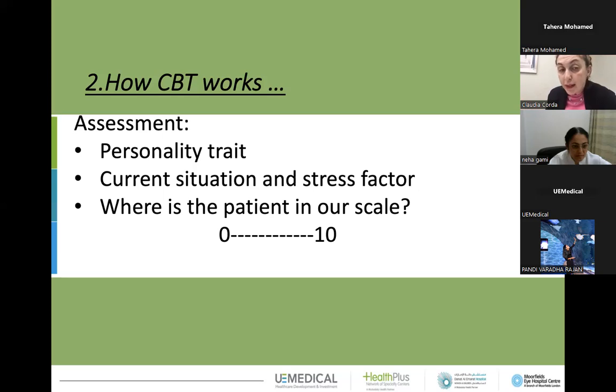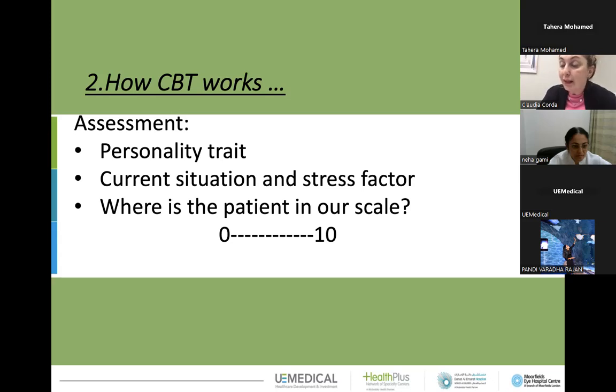Then we need to assess the current situation and the stress factor. Normally, when a patient comes to us, they are not perfectly well. If they are coming to a doctor, any type of doctor, there is a problem. Any type of problem, for example medical, like discovering a diagnosis of diabetes, or knowing that I'm diabetic but I cannot manage my diabetes in the proper way, is a stress factor.